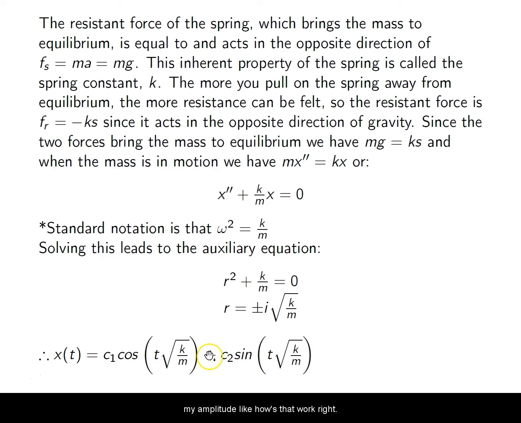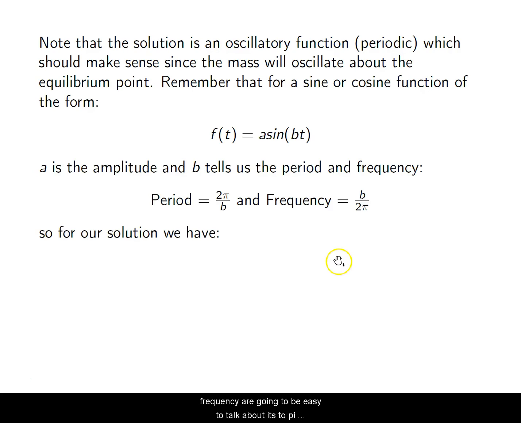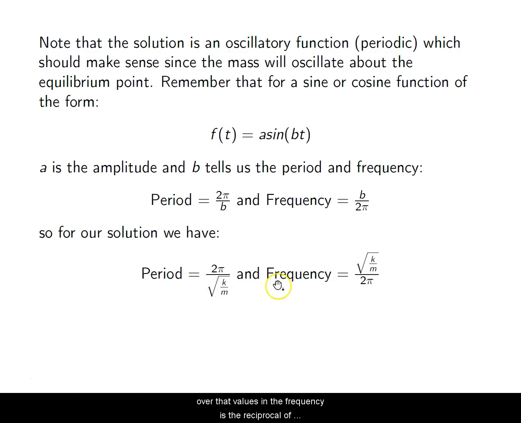Like, how does that work? We'll talk about that later, but what I can talk about is this value. Notice that this value in the cosine and this value in the sine are the same. So the period, the periodicity, and the frequency are going to be easy to talk about. It's 2 pi over that value, and the frequency is the reciprocal of that. It is that omega, in this case, over 2 pi.